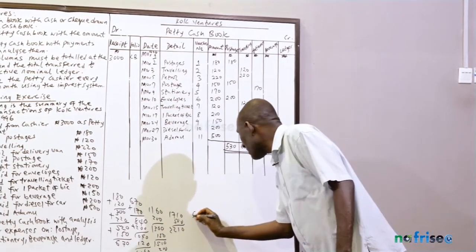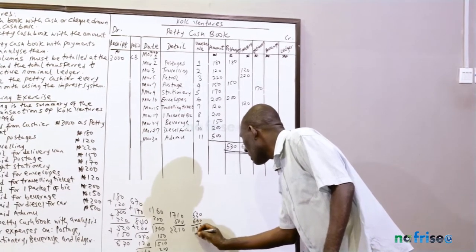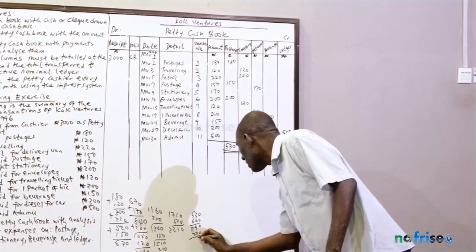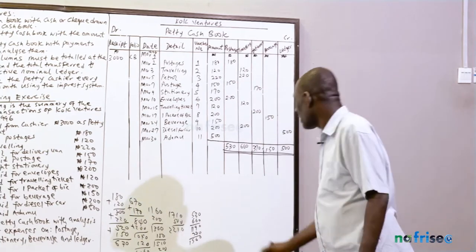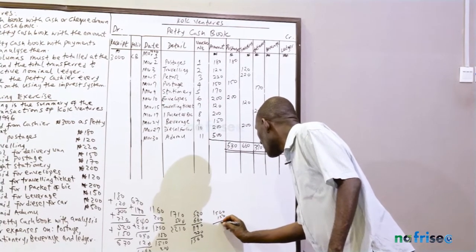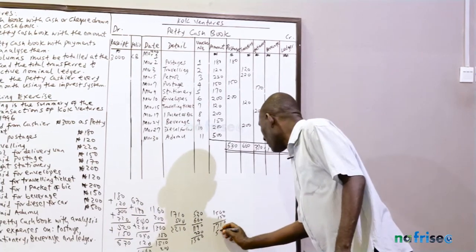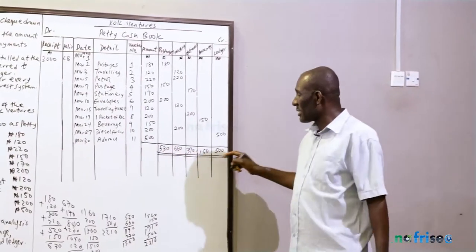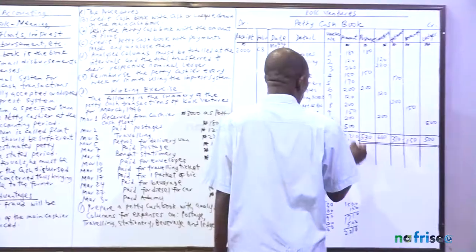We have 530 plus 660, 1190. 1190 plus 370, 1560. 1560 plus 150, 1710. 1710 plus 500, 2210. You see, our figure is correct. If what we got here was not equal to what we got here, then that means there's a problem. Our figure is correct. So we have 2210.